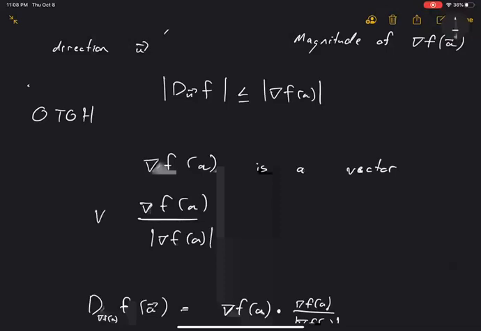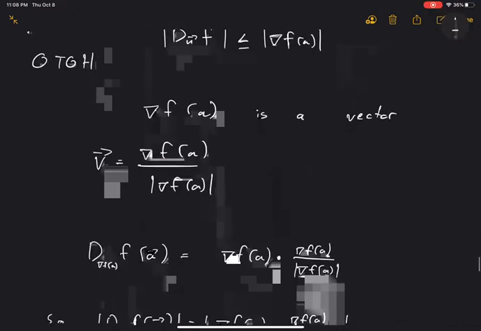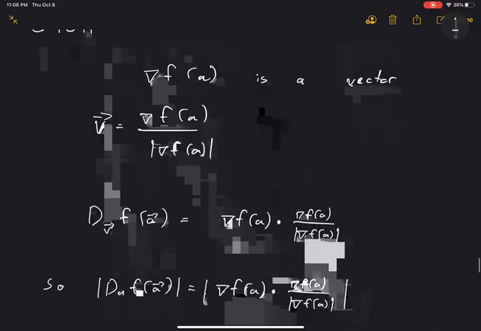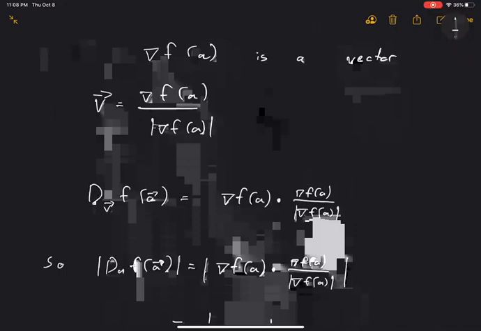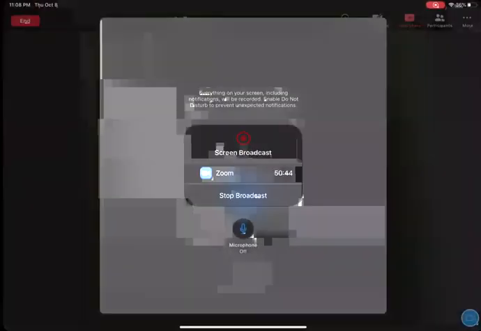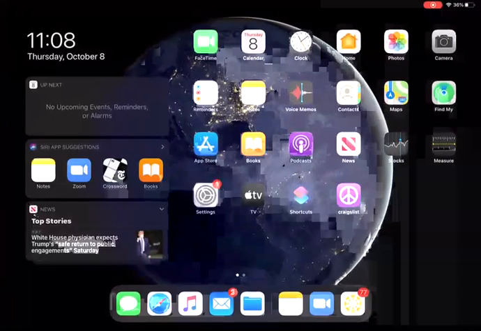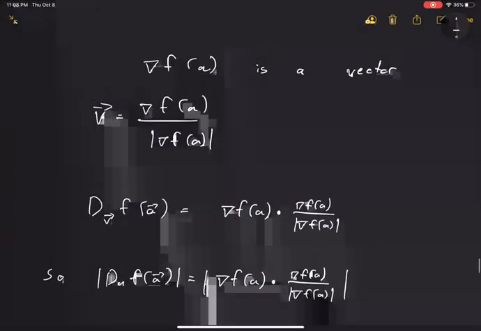For ease, let's call this vector v. So let's consider the directional derivative in the direction v.